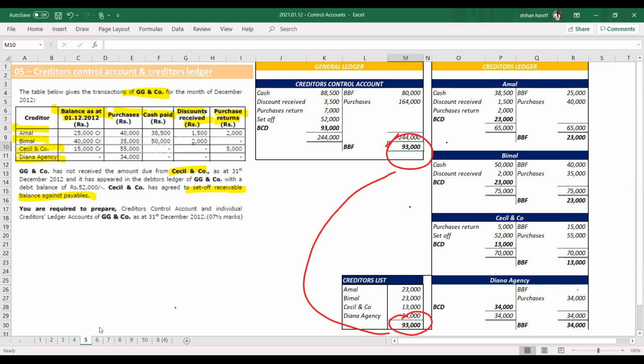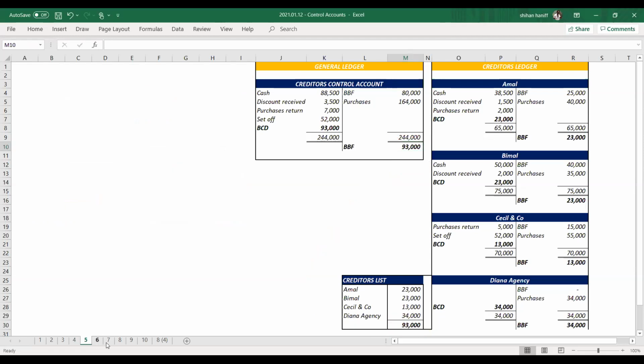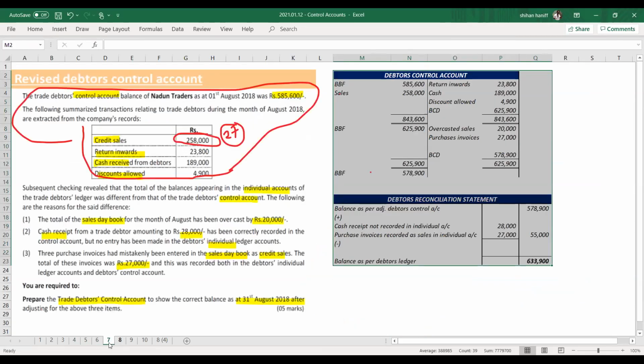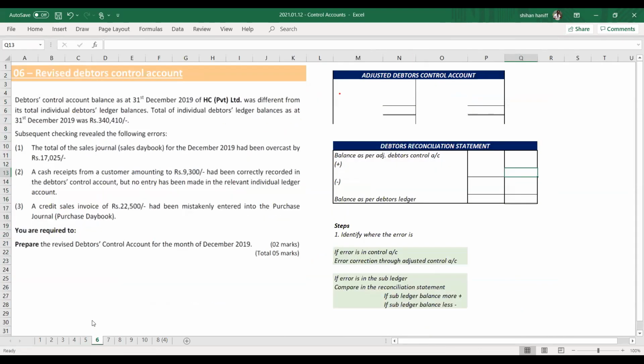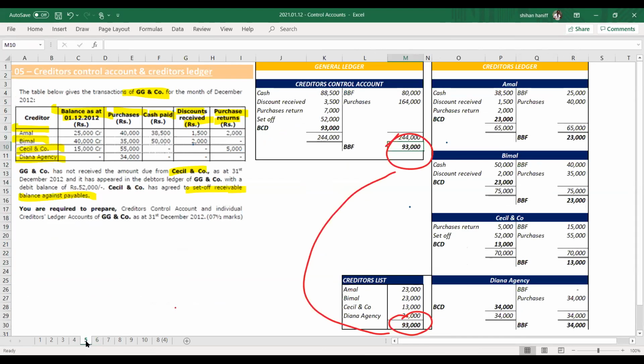So I will keep that for the next class. Questions number 6, 7, 8 are all related to reconciliation, similar to the bank rec. I'll do that in the next class. So now I will do one more question which is related to the control account and the individual accounts.